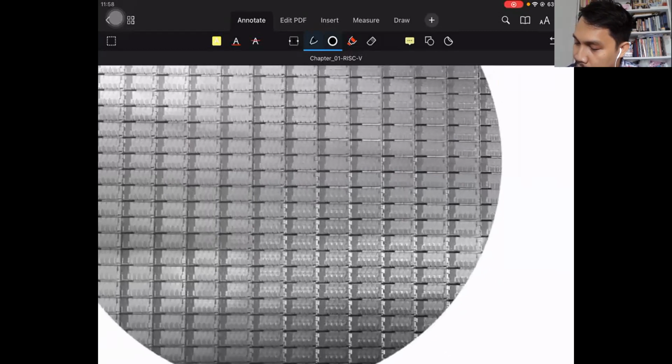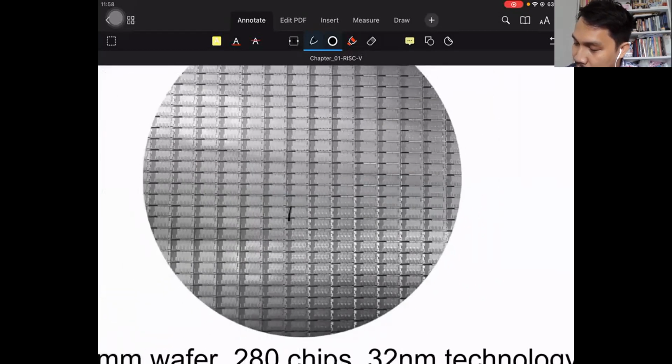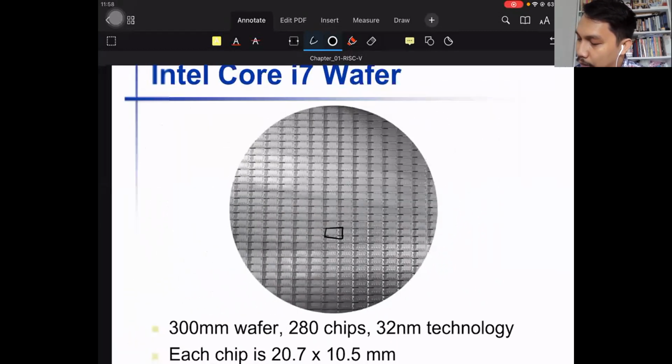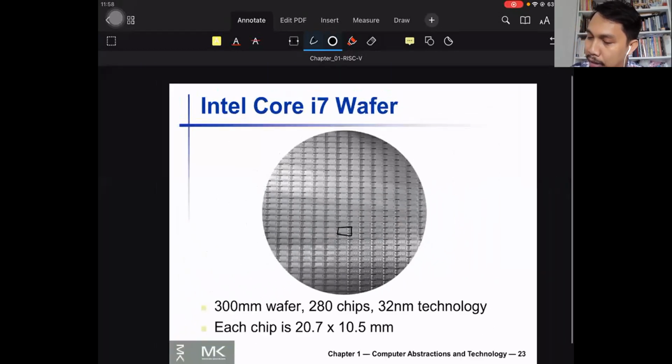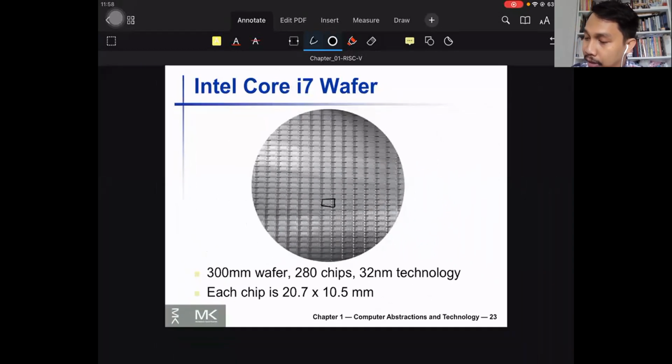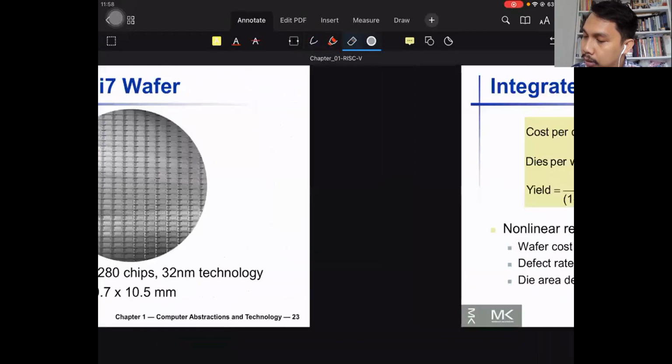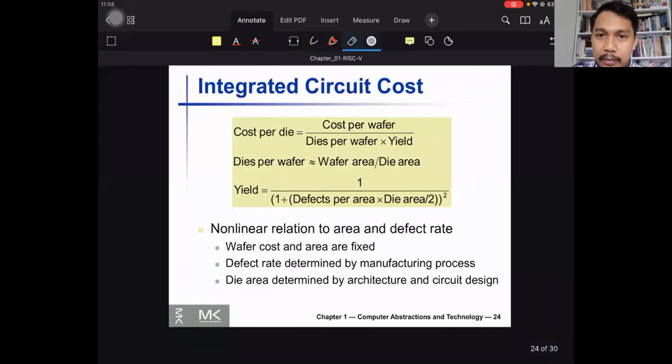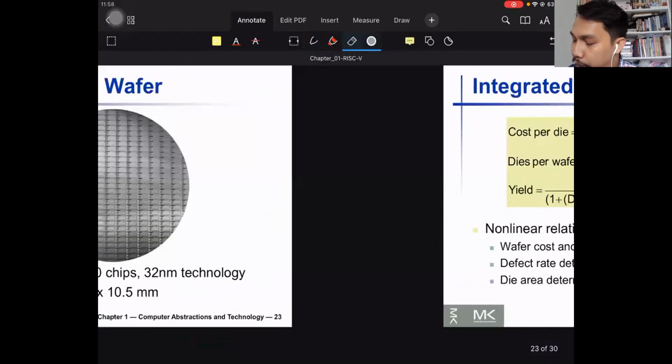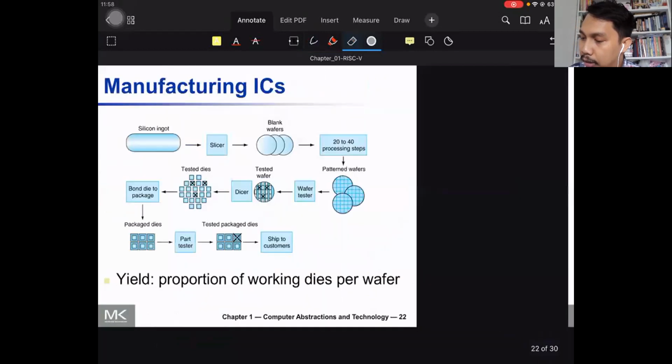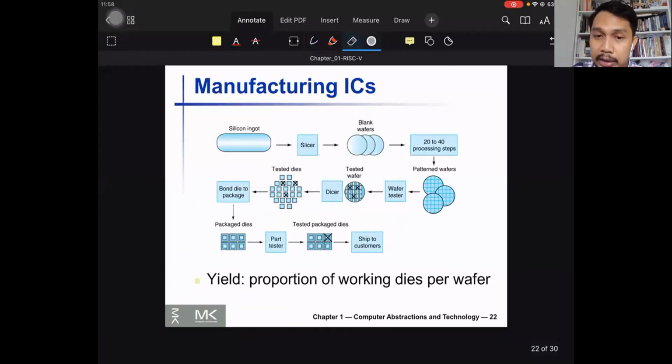Each one of these is a Core i7. These are cut out to make Intel Core i7s. Before we end, to have a more visual idea of how this is done, allow me to play a video.